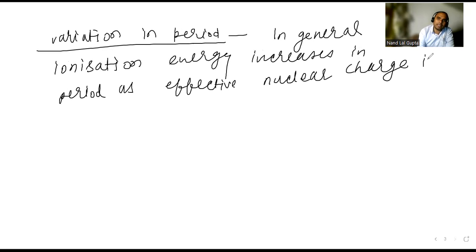Effective nuclear charge increases, so more energy.